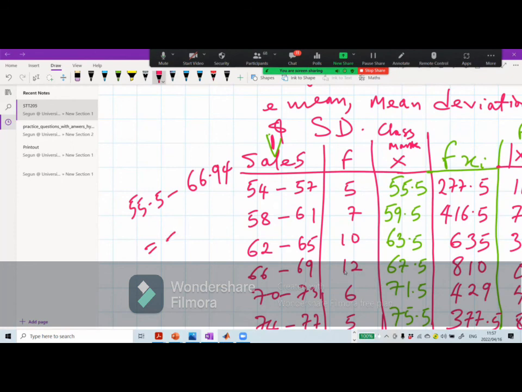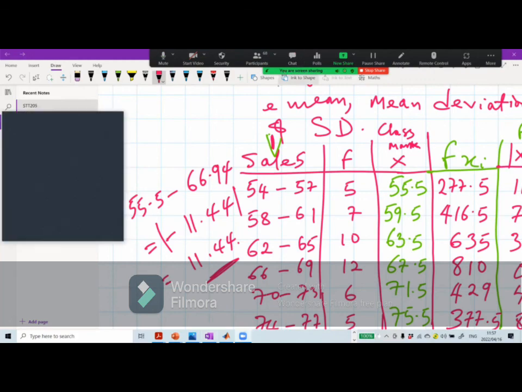That's minus 11.44, right? Yes. But because the absolute value is there, you have it to be 11.44. So that is how you do it for all. That's why we call it X1, X2, X3 to the last. Okay, thank you, sir. You're welcome.